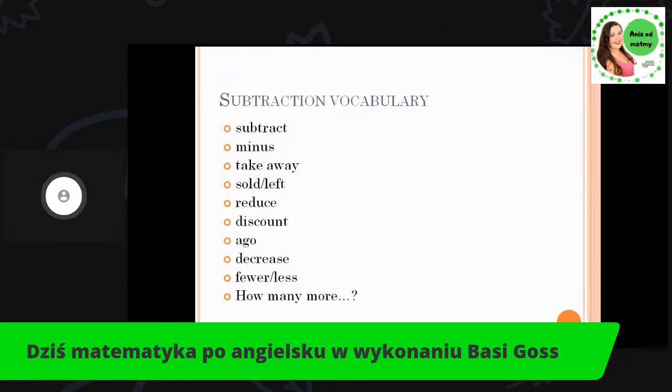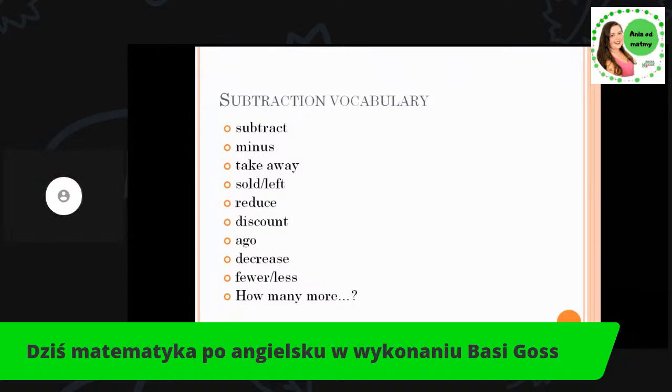And also when we have this question, how many more, we also use subtraction. If you only see the word more, like last lesson we were using more for addition, then you can use plus. But when you see how many more, that suggests that you need to use minus.